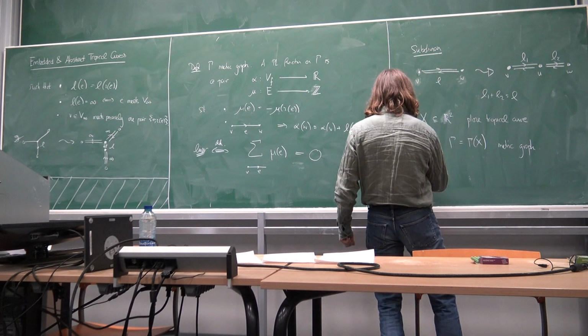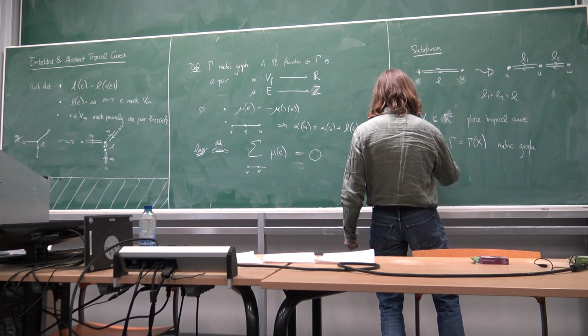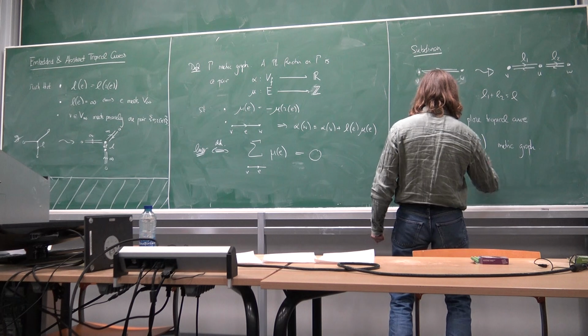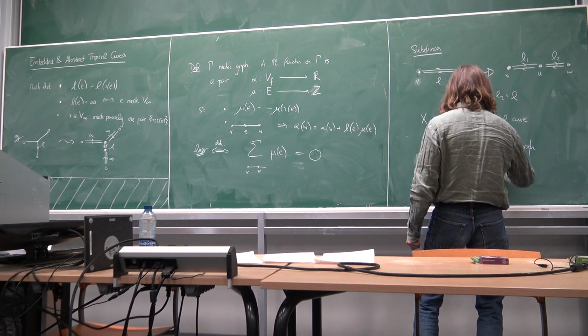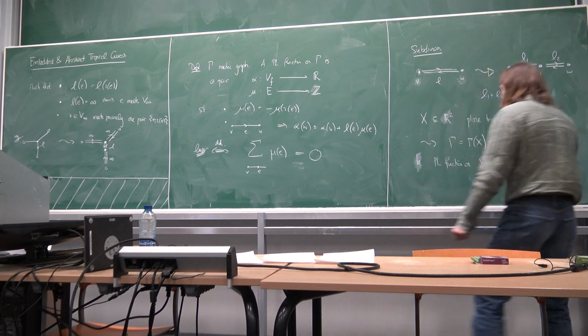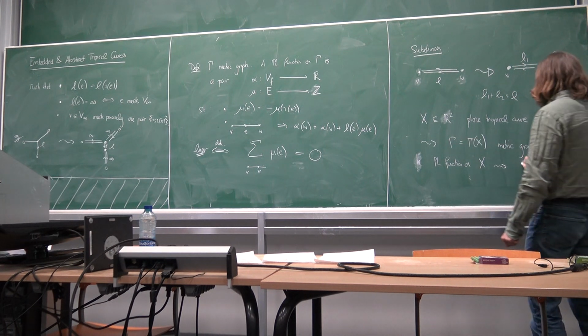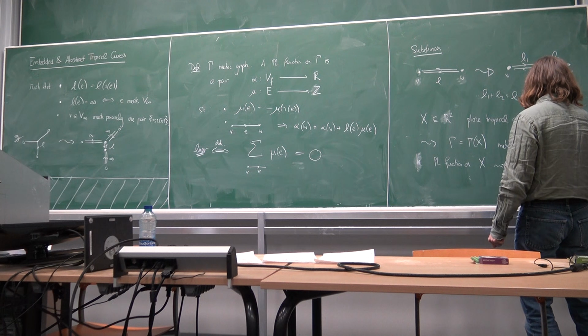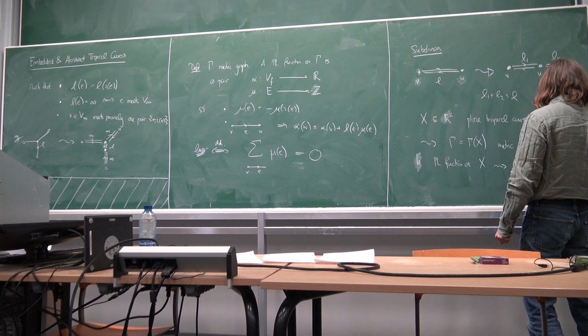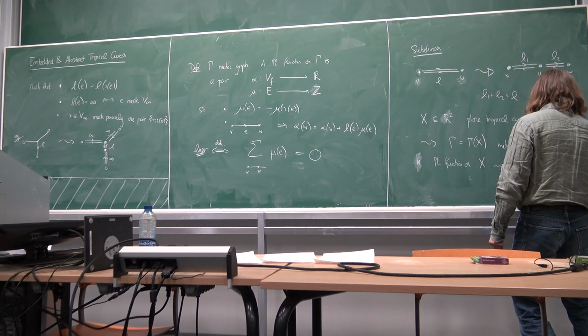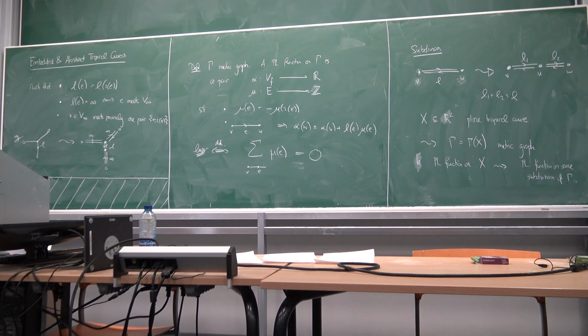And now if I have, again let's call it H, a piecewise linear function on X, then after subdivision I get a piecewise linear function on some subdivision of gamma.